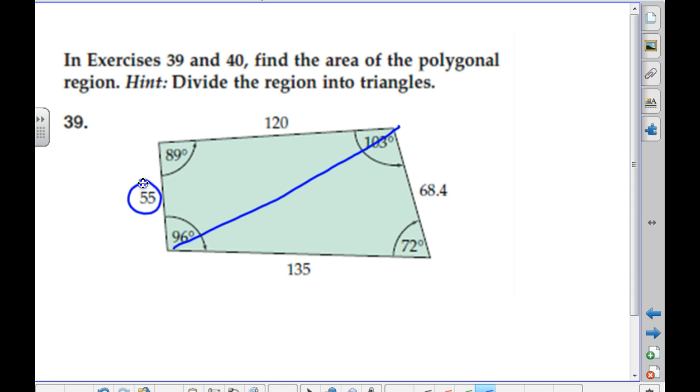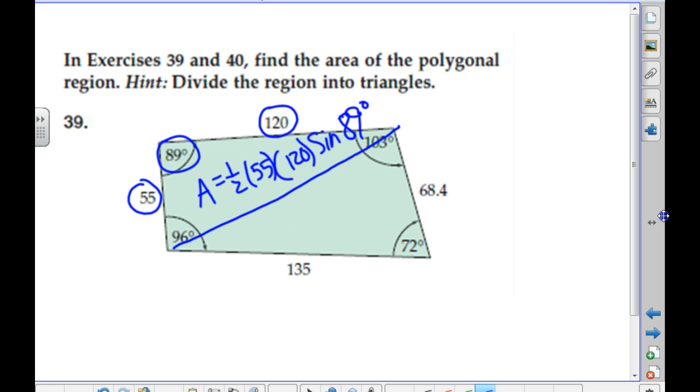Since we know all the sides and all the angles, the area of this triangle is 1/2 AB times the sine of the angle in between. And then you'll do something down here using 68.4, 135, and 72, and add the 2 areas together. Does that make sense? Yeah.